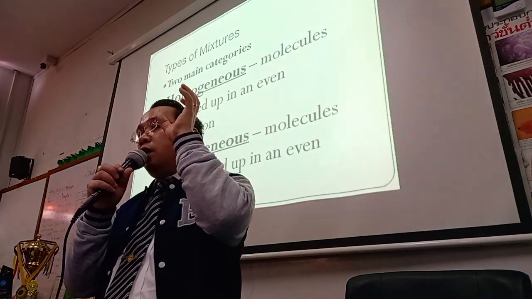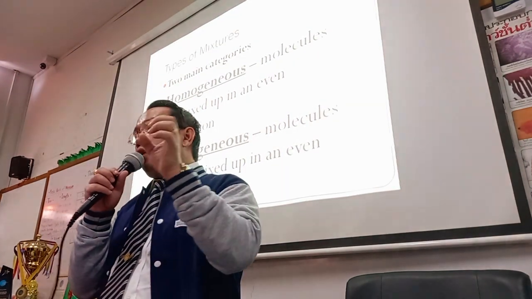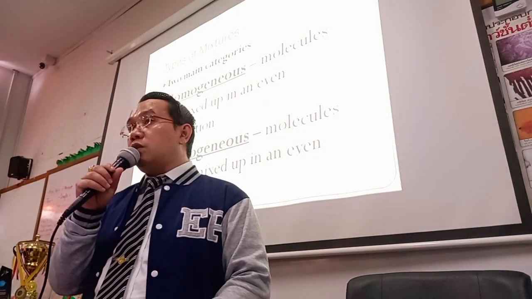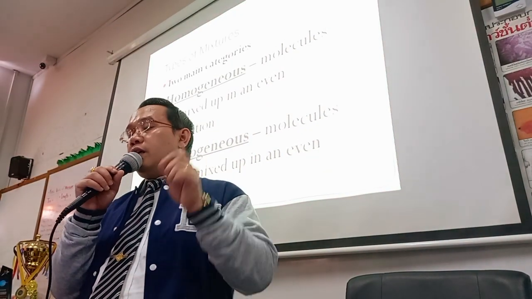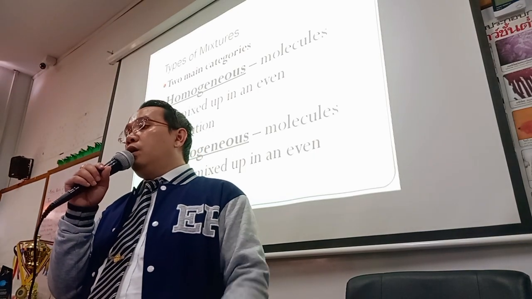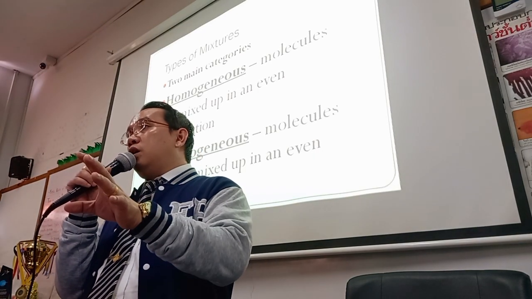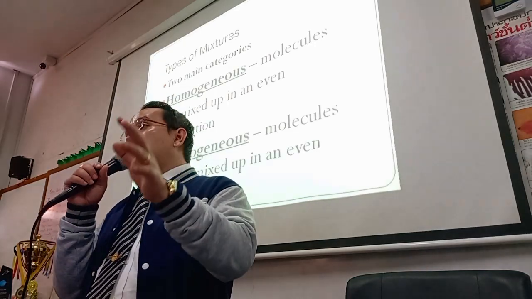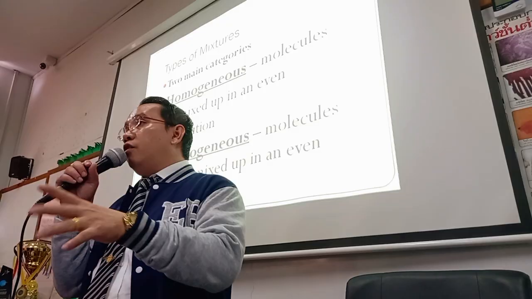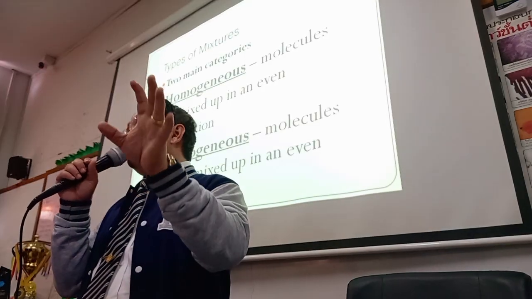Homogeneous mixture means molecules are mixed up in an even distribution, while in heterogeneous mixture, the molecules are not evenly distributed. Usually in heterogeneous mixture, sizes, shapes, and colors are still visible, even two, three, or four colors.